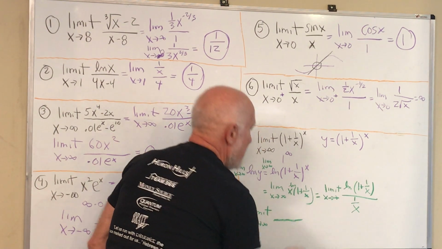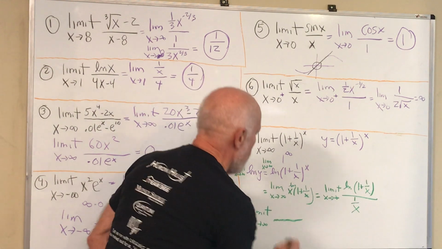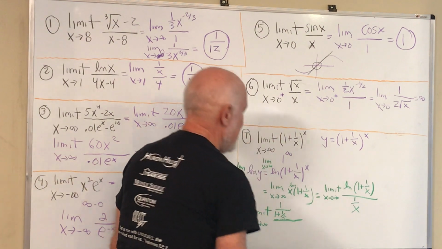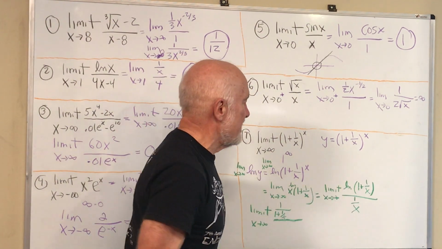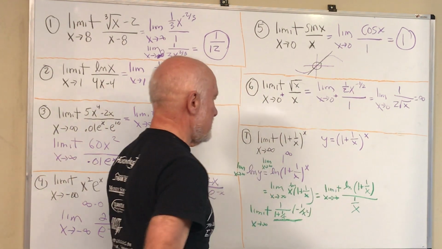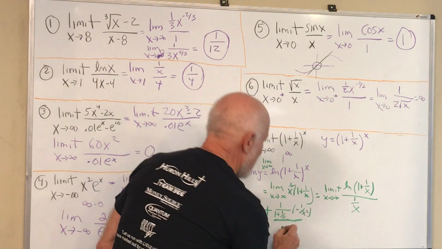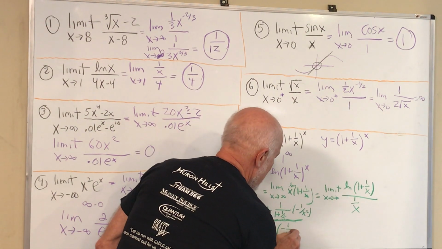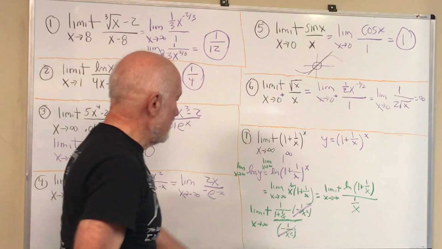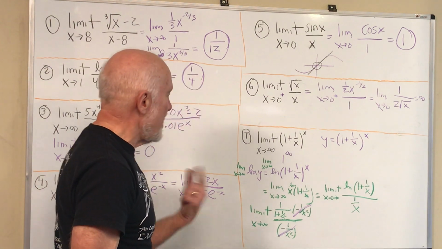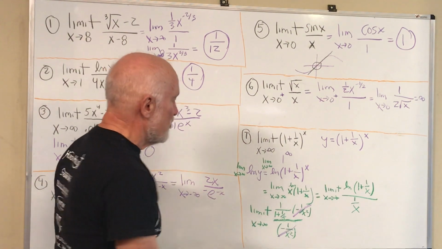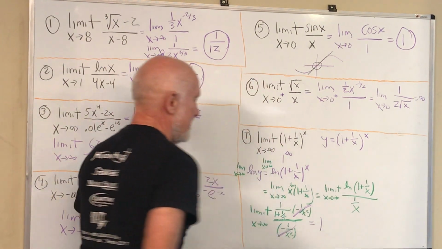And the derivative of the natural log of this is 1 over 1 plus 1 over x times the derivative of 1 plus 1 over x, which is minus 1 over x squared. And the derivative of 1 over x is the same thing, minus 1 over x squared. So now we can cancel this and this, and we're left with only 1 plus 1 over x. And as x approaches infinity, the 1 over x is going to approach 0, and you just get 1.